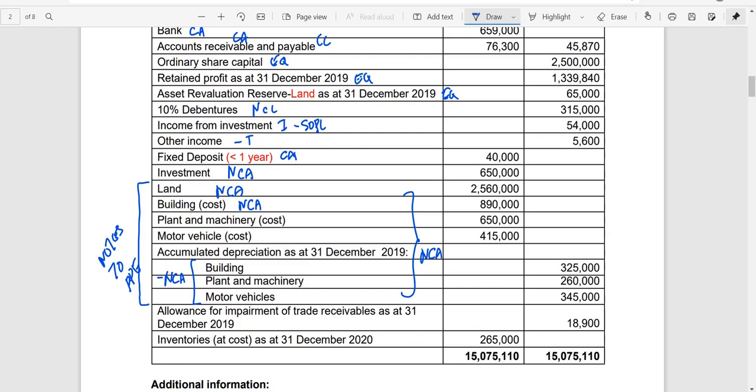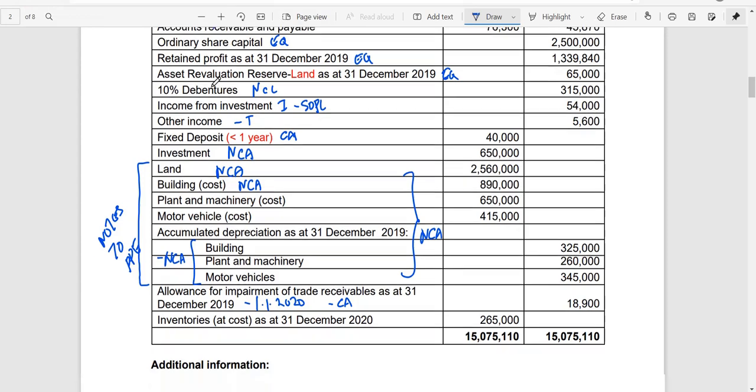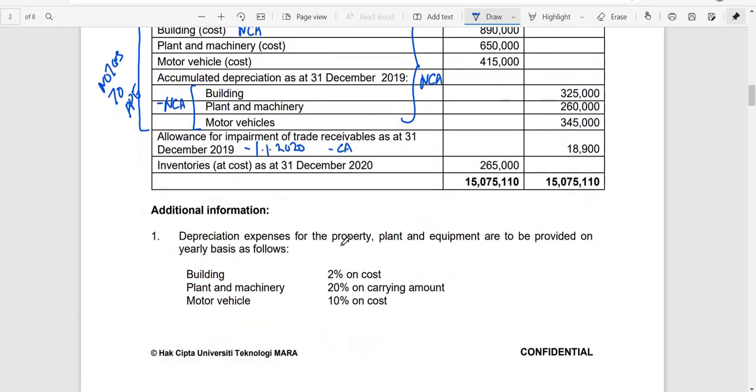There are some other adjustments that you may have to take note of, but this was from last year's figure because this would actually be 1st of January 2020. So this is again a negative current asset, because it will be deducted later, after certain adjustments, against your accounts receivable here. Okay, these are your additional information.